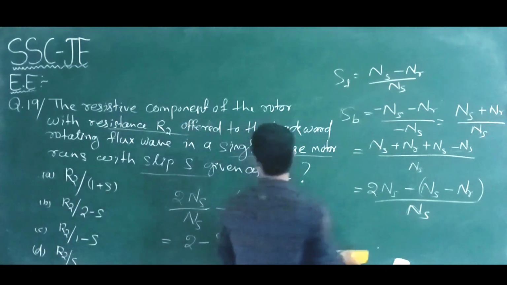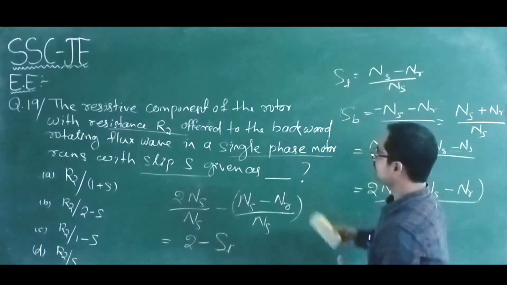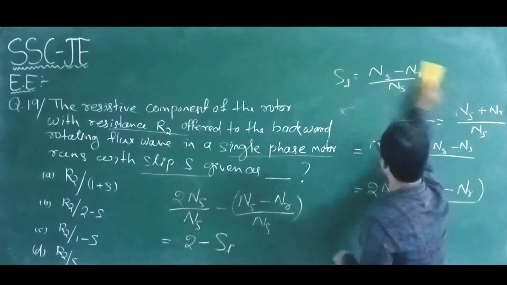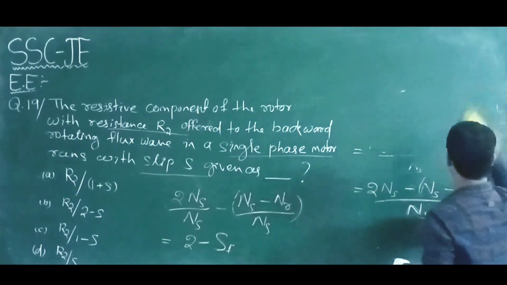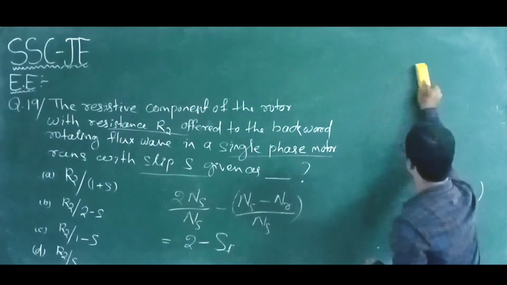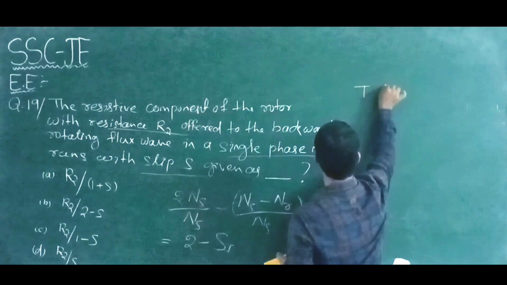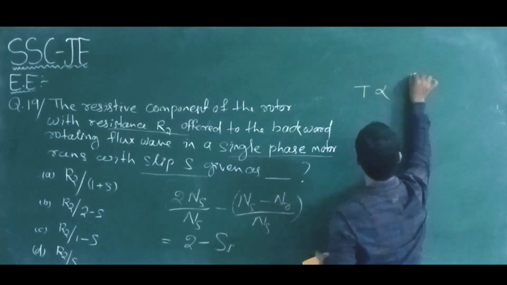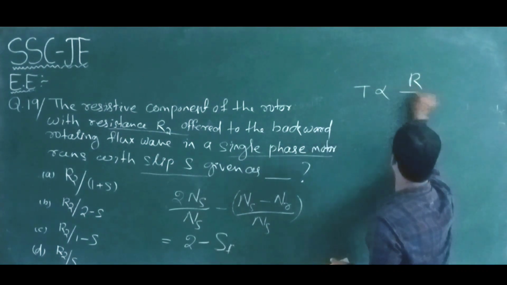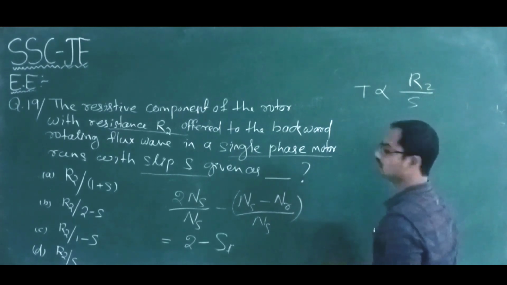Okay. So for the resistive component, we know that in the torque equation, the torque is directly proportional to the resistive element, R2 by slip.